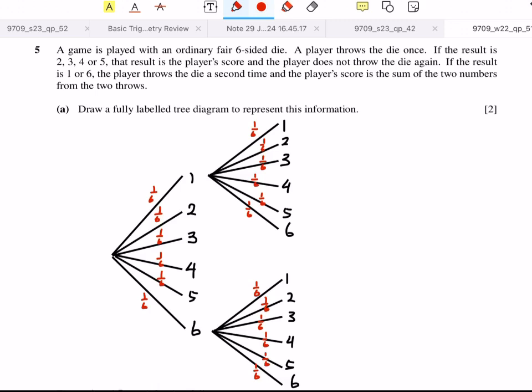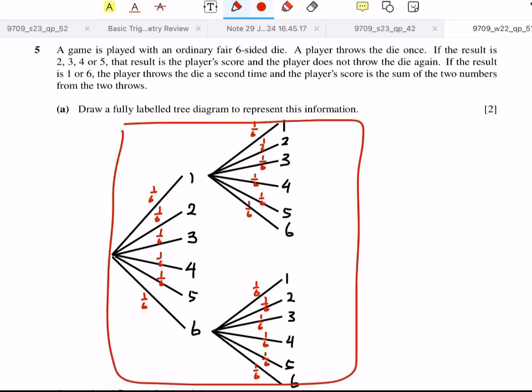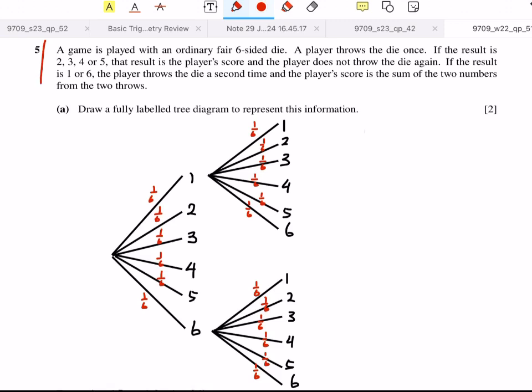So this is the first throw, and then if the result is 1 or 6, the player throws the die a second time. So this one is the second throw. So this is the complete diagram according to the question.